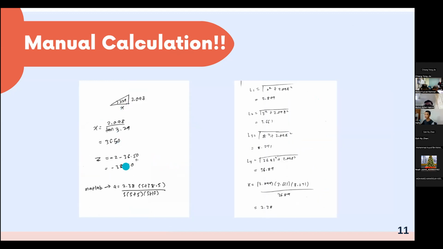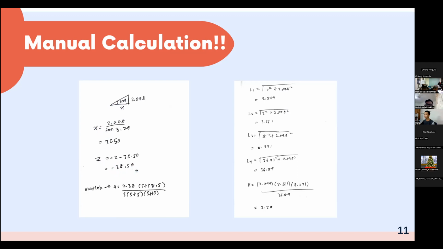And this is the extension of the calculation. This is the distance between the closed loop dominant poles and the added zero, and the location of the zero is negative 38.5.